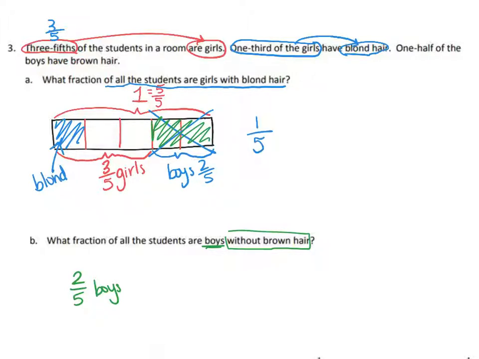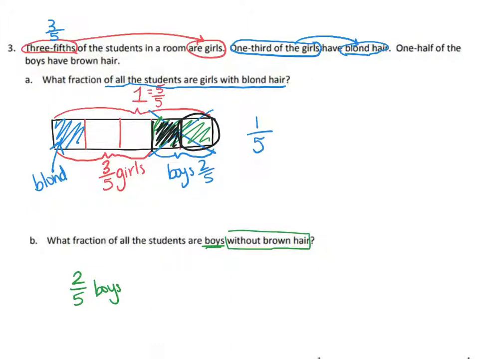So we need to split these in half. Here's one, here's the other. Half of them have brown hair. Probably should have colored that brown. So this much does not have brown hair.